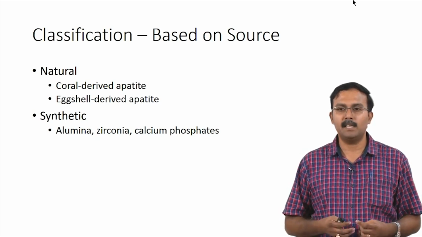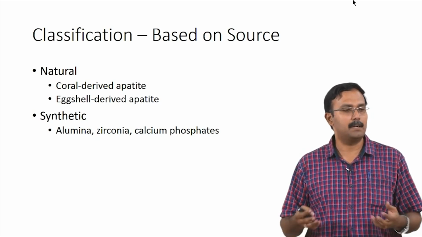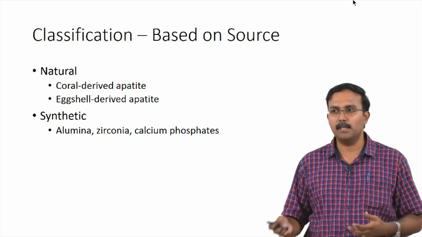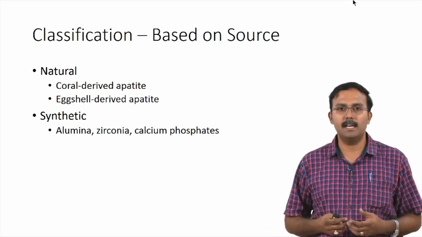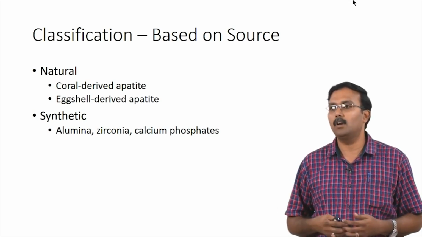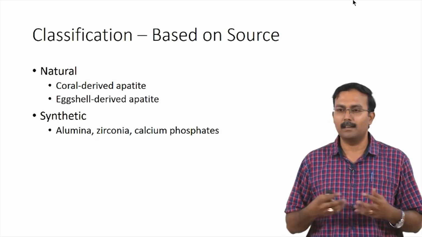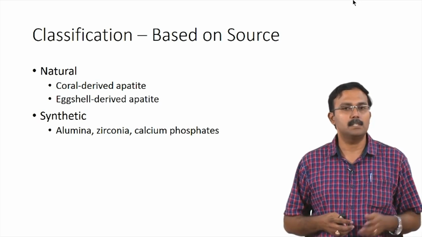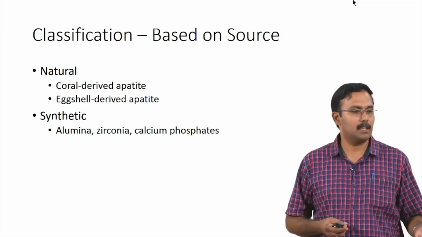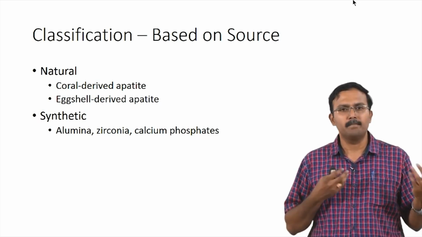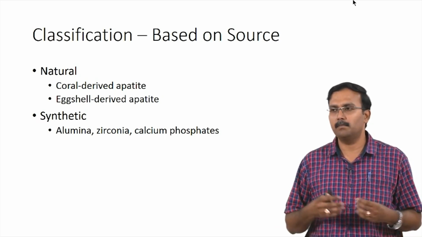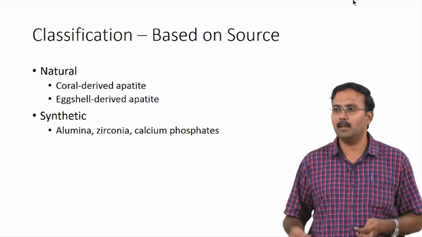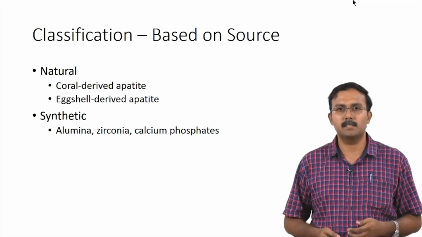Eggshell derived apatite is something which people are interested in, and there has been some momentum towards understanding whether these can be used for bone tissue engineering and drug delivery applications. Synthetic ceramics include alumina, zirconia and other calcium phosphates from different sources which have been used for bone tissue engineering applications.